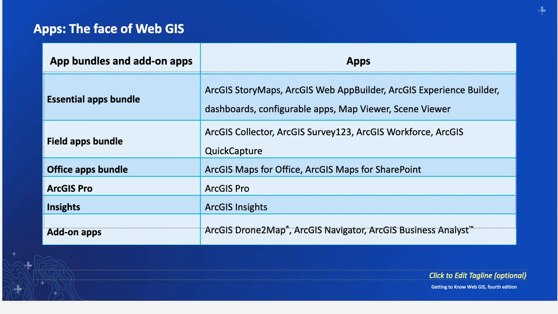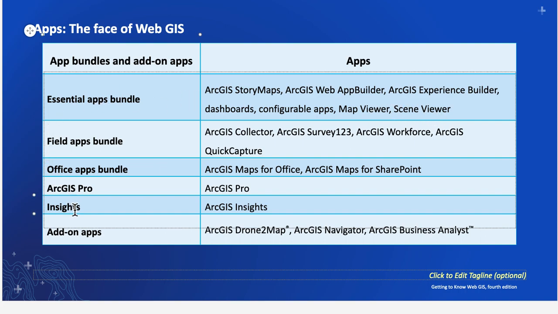So apps bring WebGIS to life. Users directly interact with apps, and ArcGIS organizes these apps into bundles. So these are the many types of bundles. We have the Essential Apps Bundle, and this includes ArcGIS Story Maps, Web AppBuilder, Experience Builder, Dashboards, Configurable Apps, Map Viewer, and Scene Viewer.